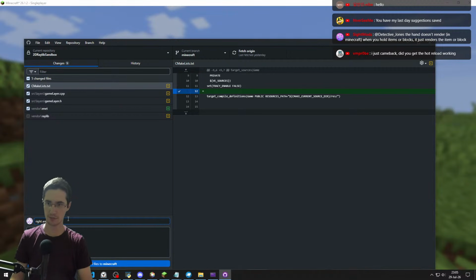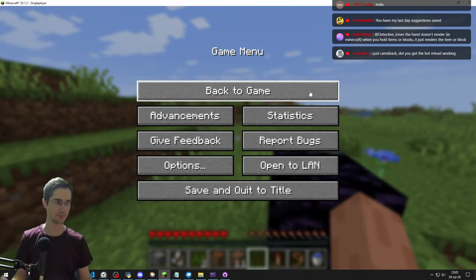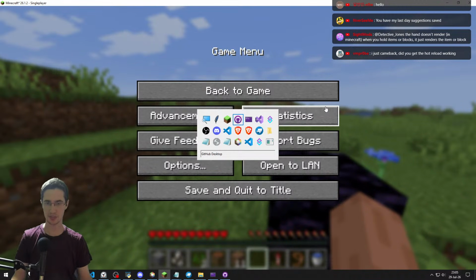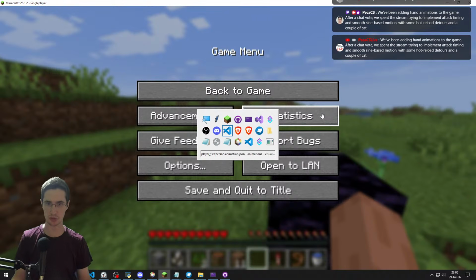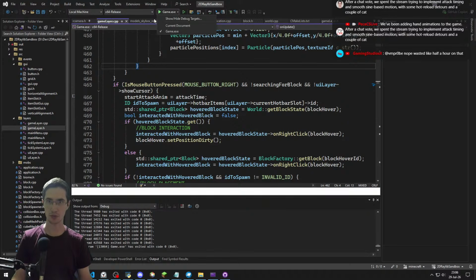Right arm block break and place animation with sine function. Done. No, we don't have hot reloading, but we don't need it. We managed to do it without hot reloading.